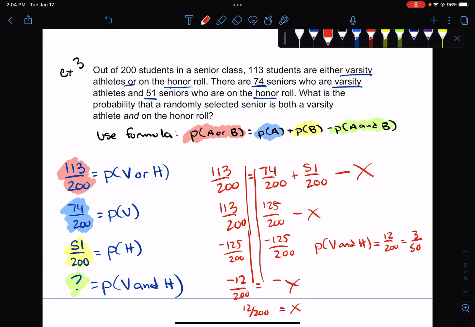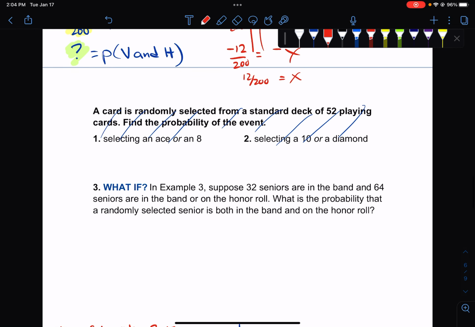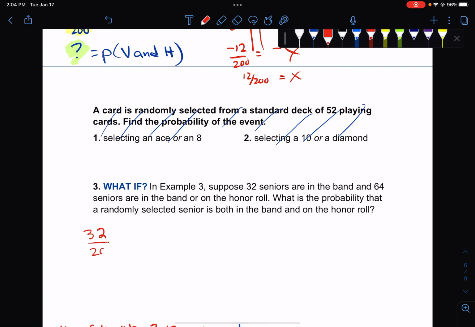So the probability of both of those things happening is 3 over 50, all right? I just took what I knew, plugged it into the formula, and solved for the part that I did not know, all right? So example 3 has a problem in the book that goes with it. It says, suppose that 32 seniors are in band. So 32 out of 200 seniors are in band.